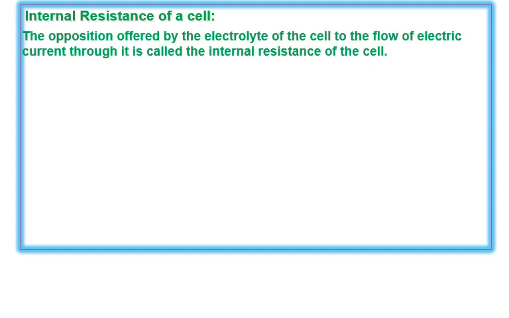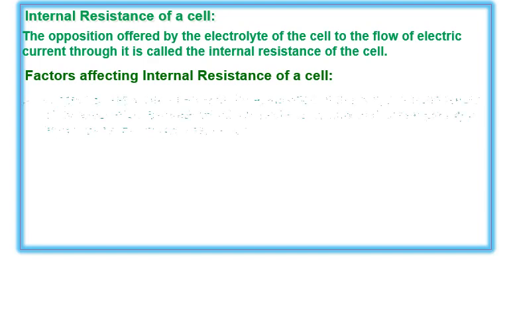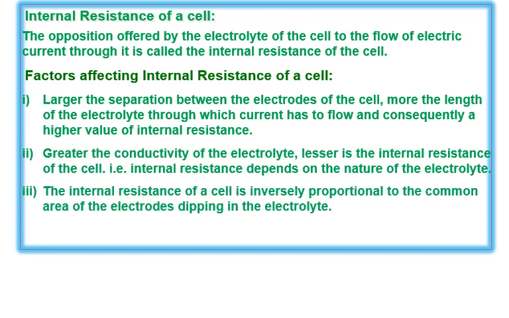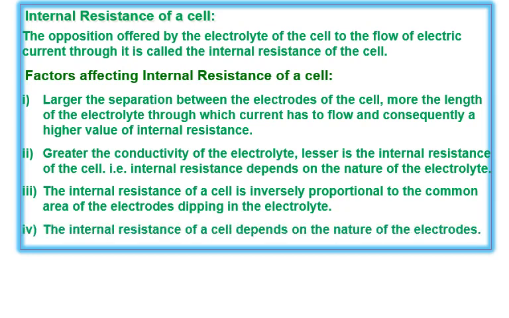And the internal resistance of a cell depends upon the nature of electrolyte, and is directly proportional to the concentration of the electrolyte, directly proportional to the distance between the electrodes, inversely proportional to the common area of the electrodes immersed in the electrolyte, and it increases with decrease in temperature.